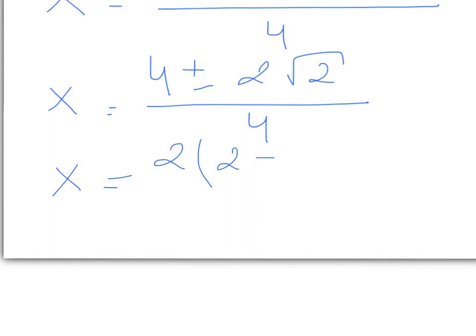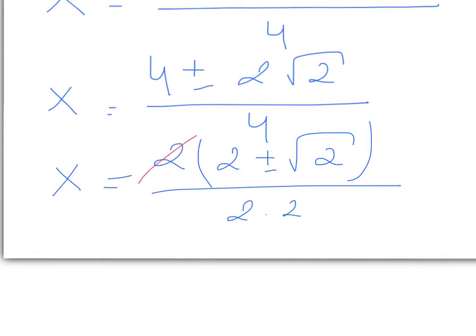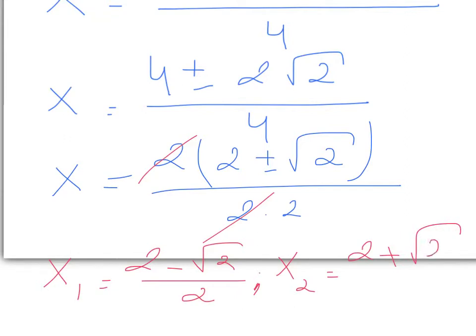We get 2 plus or minus square root of 2 over 4, which is 2 times 2, and we simplify by 2 and come up with two solutions. So x1 equals 2 minus square root of 2 over 2, and x2 equals 2 plus square root of 2 over 2. So these are the solutions of this quadratic equation.